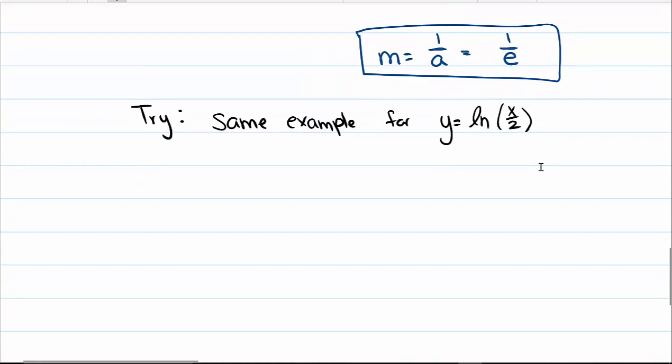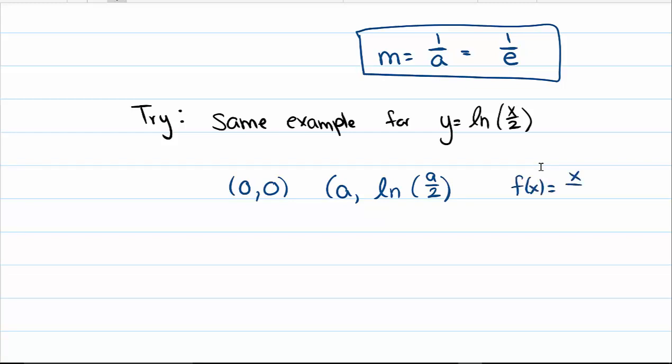So we know that if it goes to the origin, we have the coordinates 0, 0, and we have the coordinates a, ln of a over 2. This is because f of x is equal to ln of x divided by 2.